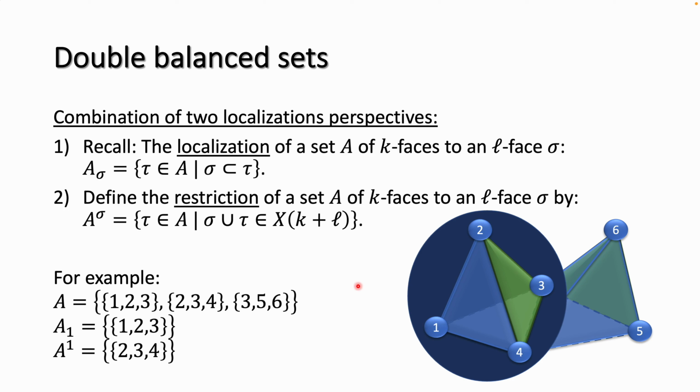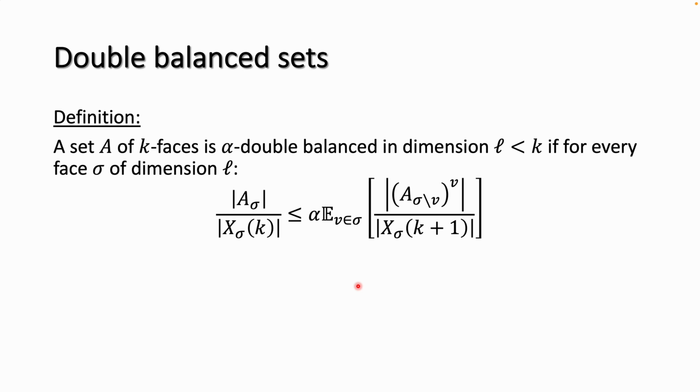So we can think of these two perspectives. One is what's called localization: that's all the faces that contain a certain face, and a restriction is all the faces that together with that face compose a larger face. So that's two perspectives of localizations, and we define what we call double balanced sets.